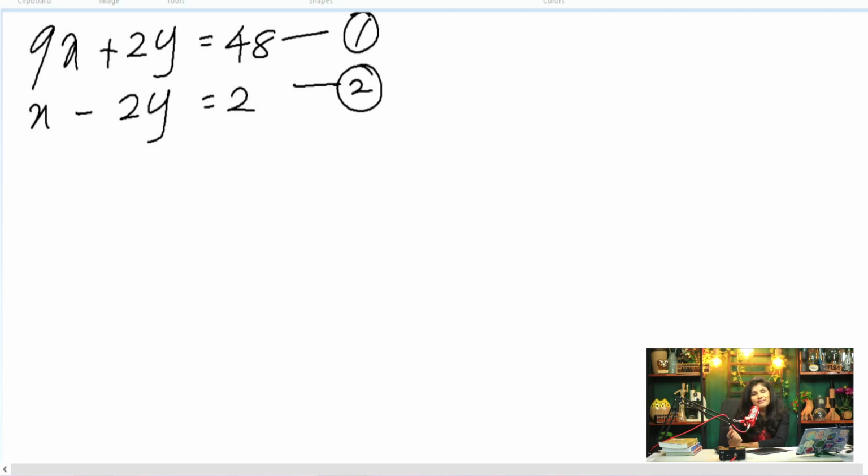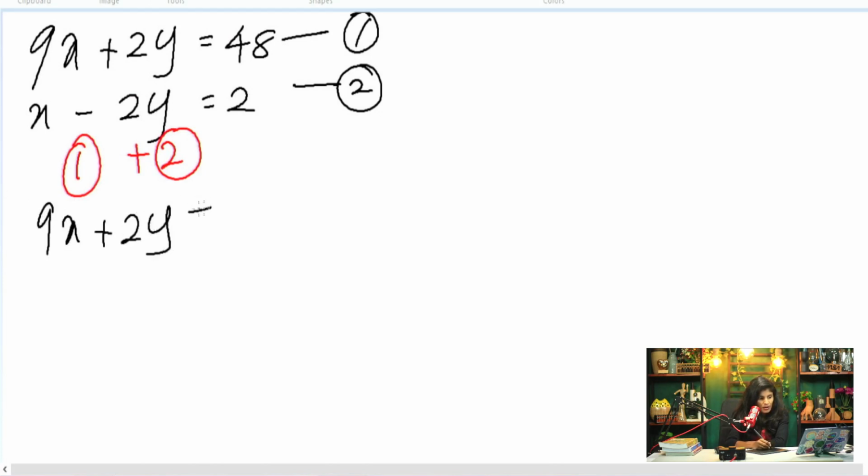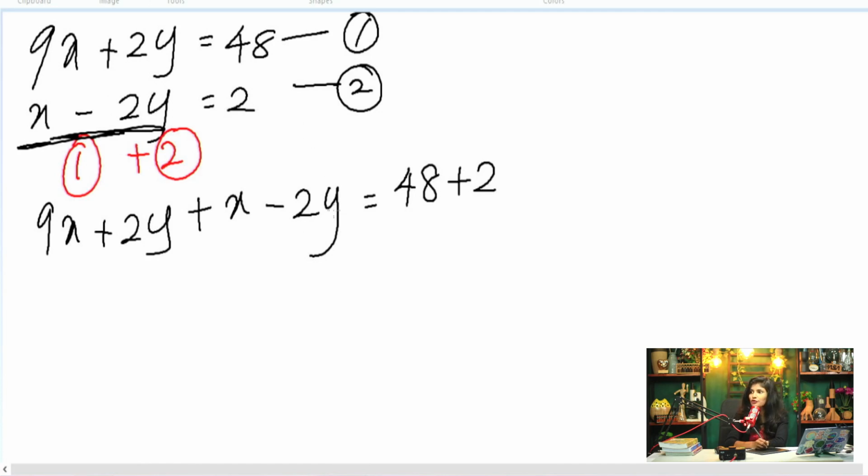Then they will be cut off. Okay, let's see. Equation 1 plus equation number 2. So equation 1, 9x plus 2y, plus the second one, I will write just the same way: x minus 2y equals 48 plus 2, because 1 plus 2, no?